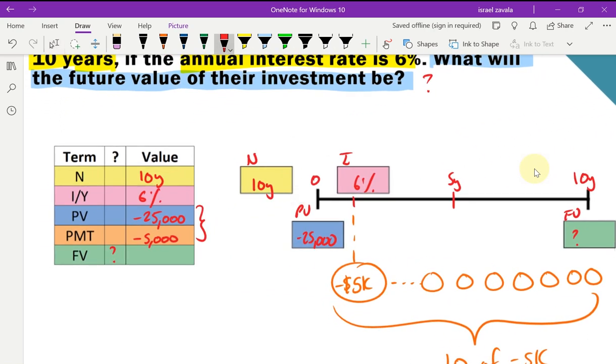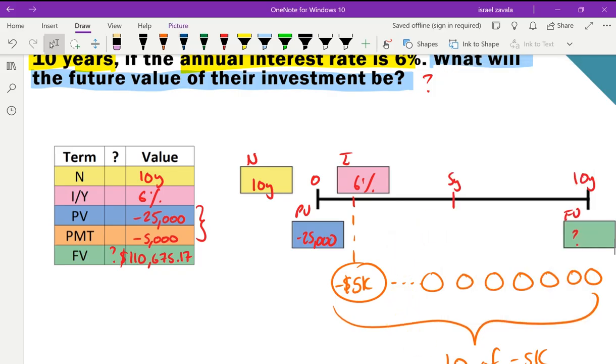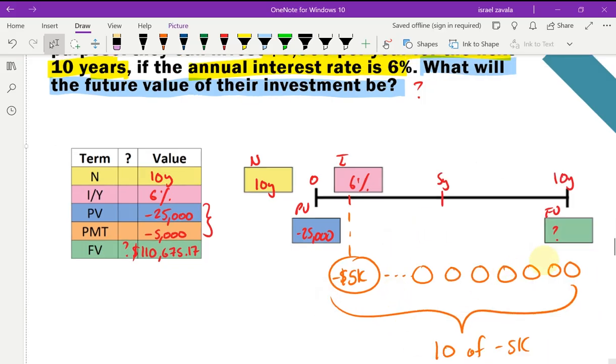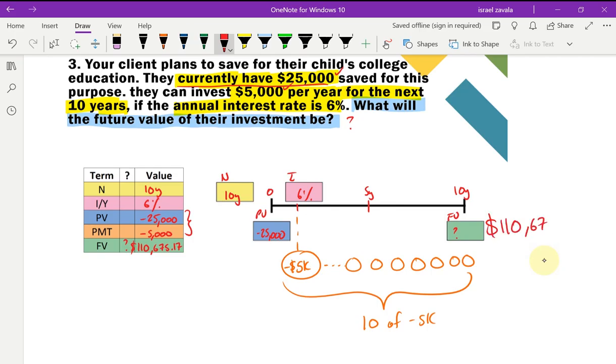Let's just double check that that's right. That's correct. Okay, so I think what's important also is for you guys to think about, what does that dollar amount mean, right? What does this dollar amount of 110,675 and 17 cents mean?